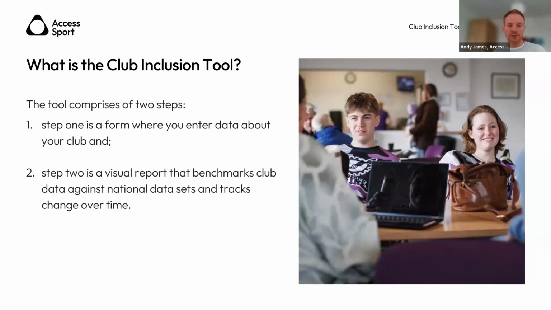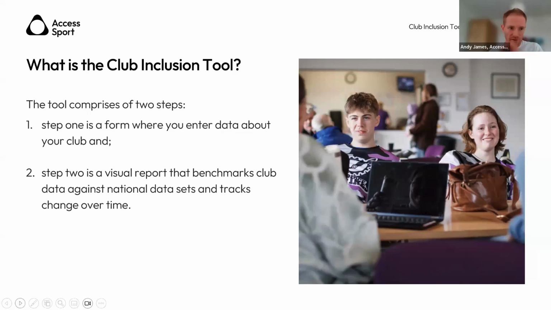And for Access Sport, it's a tool that allows us to see progress across the network in terms of progress towards greater inclusion. It's designed to be really light touch and does not require clubs to submit personal data about participants.